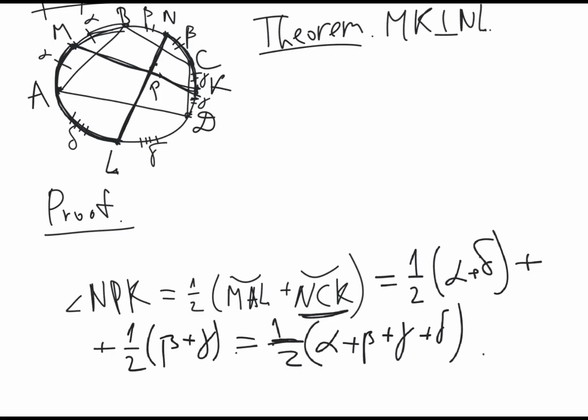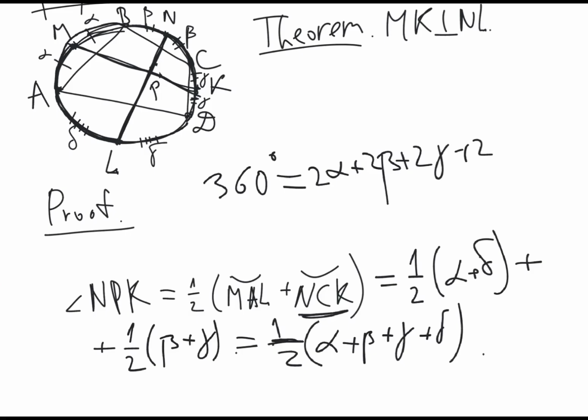Right. On the other hand, we have that the full circle, so 360 degrees, is equal to 2 alpha plus 2 beta plus 2 gamma plus 2 delta, right?